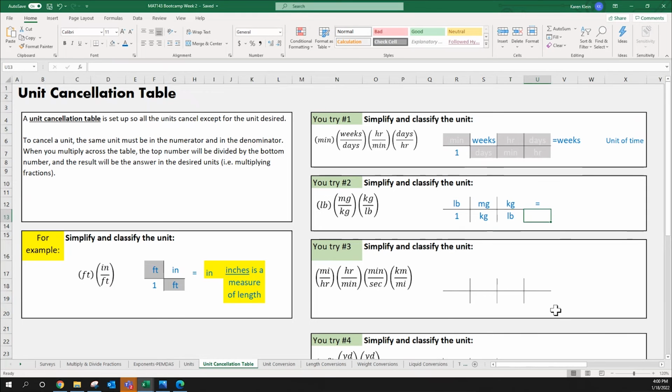And we're trying to figure out what that's equal to. Can anyone go ahead and tell me what unit this is of? All right, we can see that this is going to be milligrams, and that represents a unit of weight.